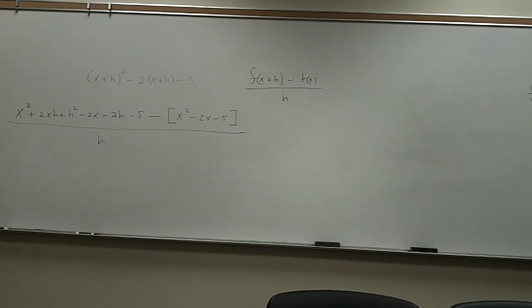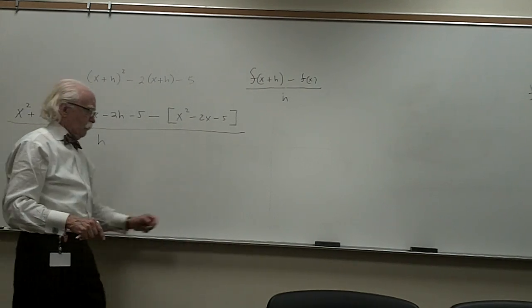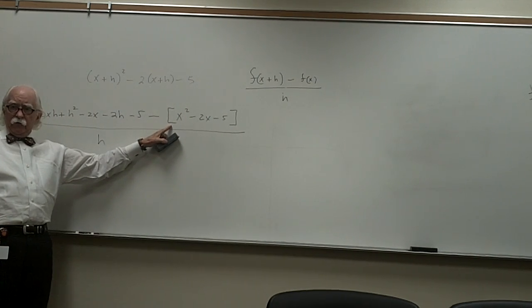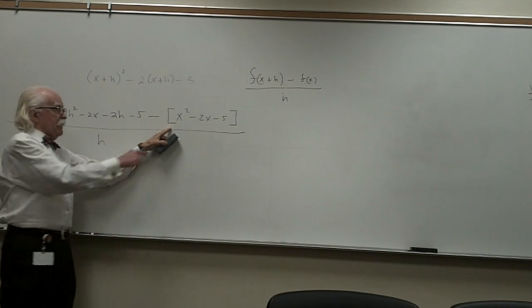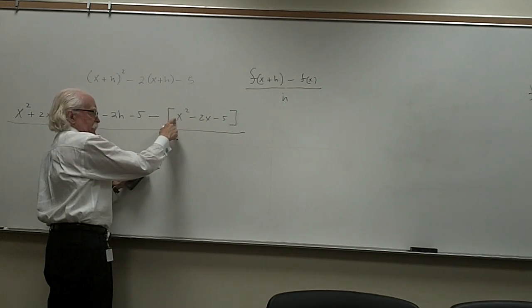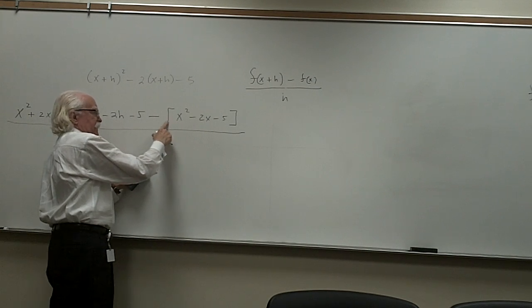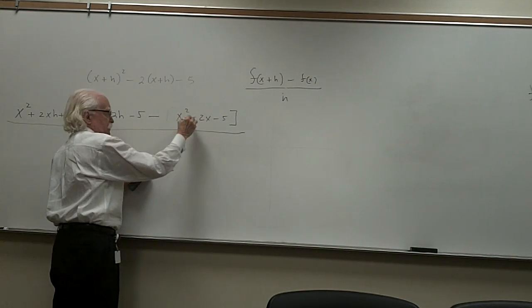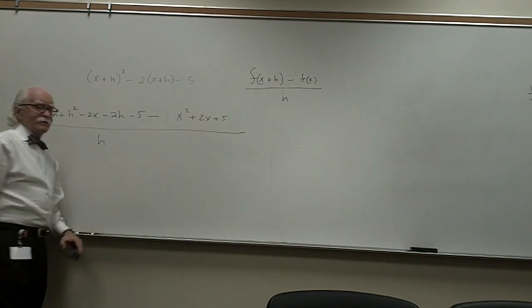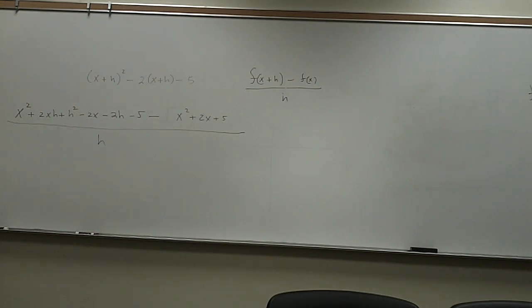Watch what happens when I knock the brackets down. Everybody inside changes signs. That used to be a plus x squared. It's now minus x squared. Everybody still with me? Yes. Now, look at this.